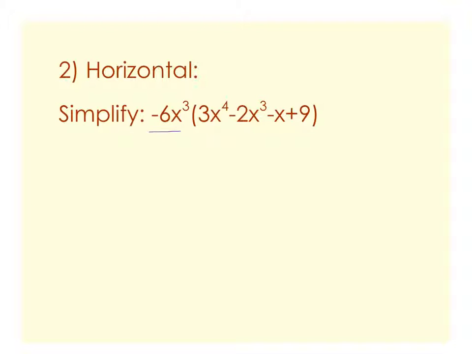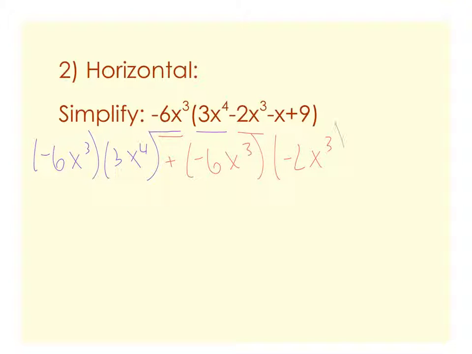So I'll take my first term, negative 6x cubed, and multiply it by 3x to the 4th. So I have negative 6x cubed times 3x to the 4th. And I'll change colors and take negative 6x cubed again times the second term I see, and I'll add these together. So negative 6x cubed times negative 2x cubed.